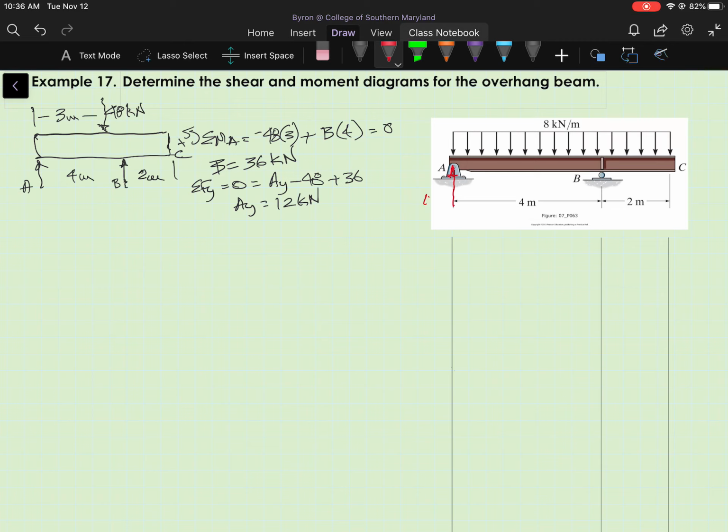So we have 12 kilonewtons at A and 36 kilonewtons at B. Okay, I don't know why I called that A sub y, it's just A. It does act in the y direction.